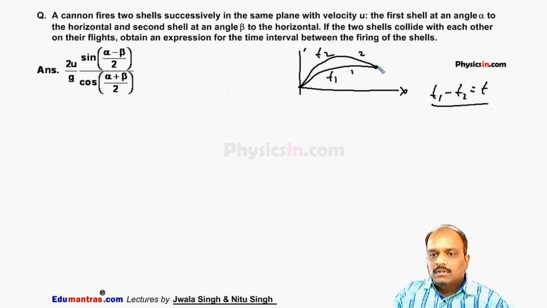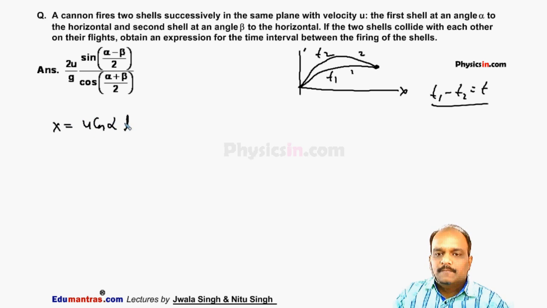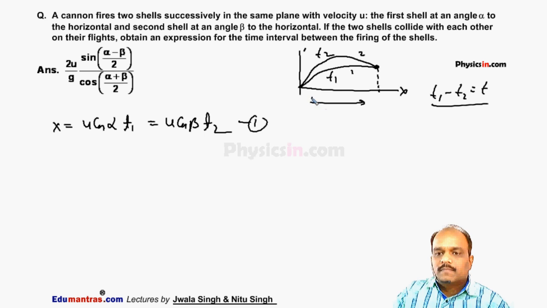So if these two collide in air, we can say x is equal to u cos alpha into t1, and for the second, x is equal to u cos beta into t2. This is the first expression. The x coordinate for both will remain the same.